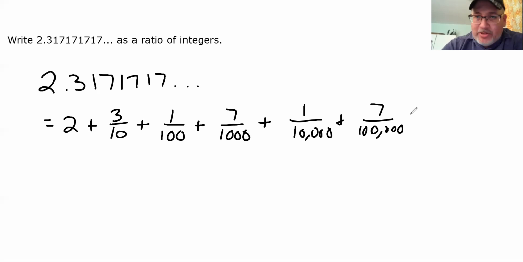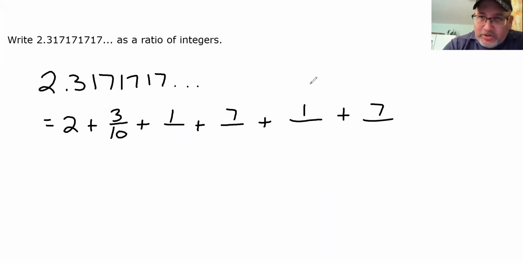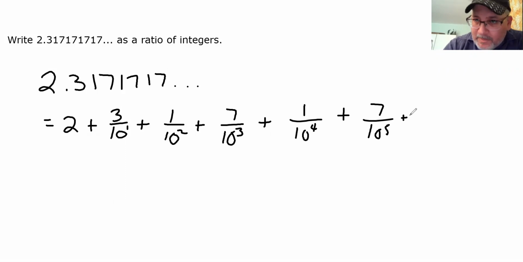I think I want to rewrite all the denominators as powers of 10 just for convenience. So let's get rid of all these and replace them with their corresponding powers of 10. All right, so we got 10 to the first, 10 to the second, 10 to the third, 10 to the fourth, 10 to the fifth, 1 over 10 to the sixth. Let's tack on one more. Plus 7 over 10 to the seventh.